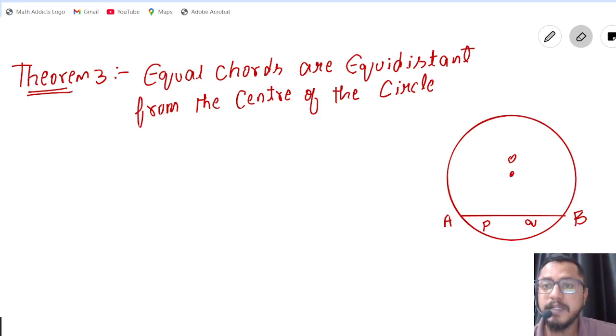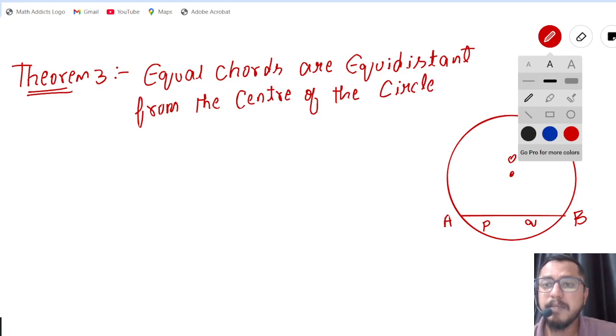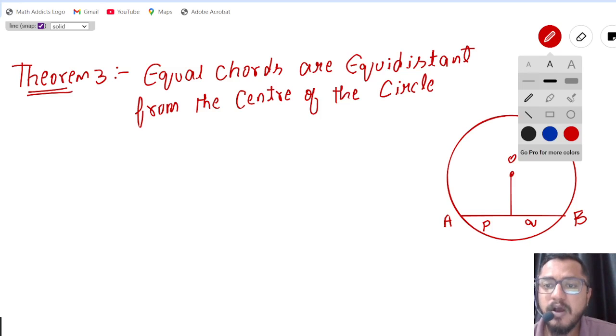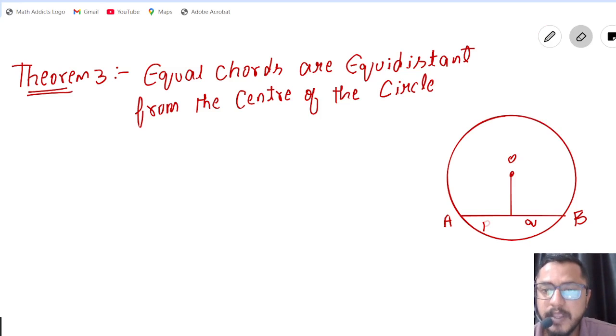Understood? I'll erase this one. So what is the meaning of distance between center and the chord? It should always be a perpendicular distance. Is that clear? So I'll erase this P and Q. This OP will be the distance from the center to the chord.